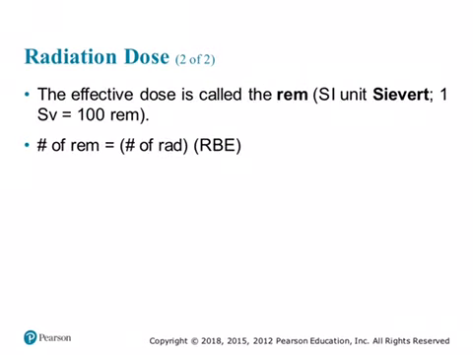The effective dose is called the rem, and the SI unit is sievert. So 1 sievert equals 100 rem. The number of rems is equal to the number of rads times RBE. So the absorbed dose times the relative biological effectiveness.